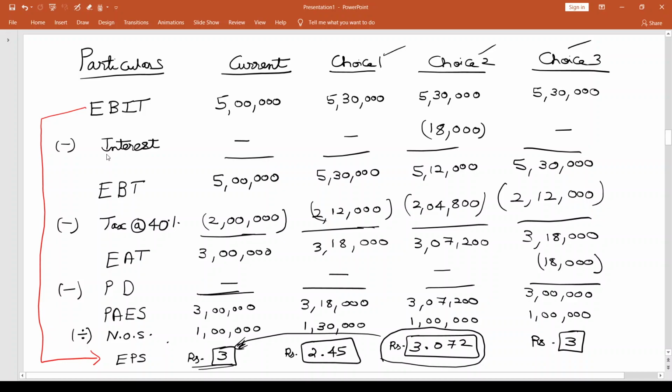So how I would like to understand choice 3 is this way. The shareholders are not likely to gain anything by this additional investment, but they are also not losing anything by this additional investment because their EPS is protected. By doing this extra investment, their EPS is protected. It does not increase, but it does not decrease also.